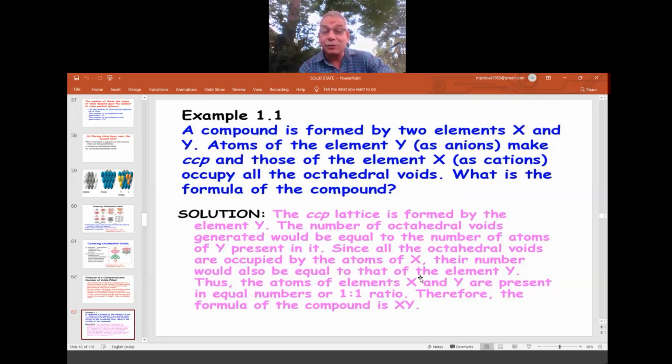So the ratio of X to Y is what? 1 to 1. That's why the formula becomes XY. By using the n and 2n formula, here the voids are octahedral voids, therefore Y becomes equal to X. So XY is the formula. Kindly go through it once again in your free time. You will come to know.